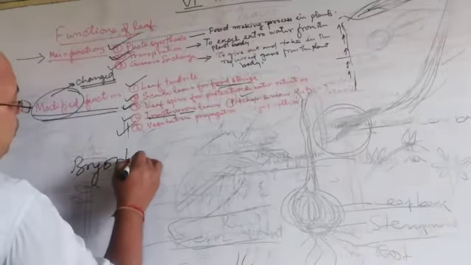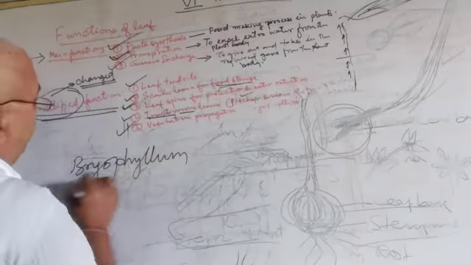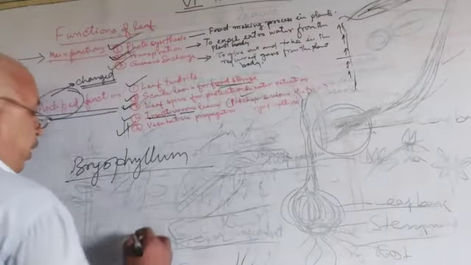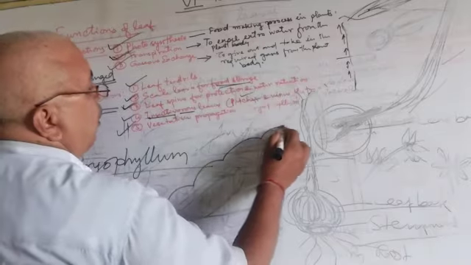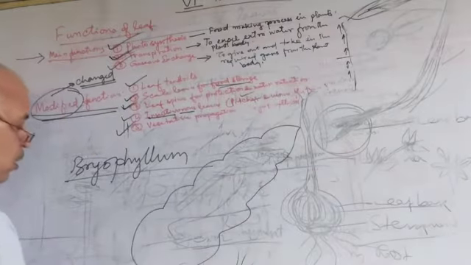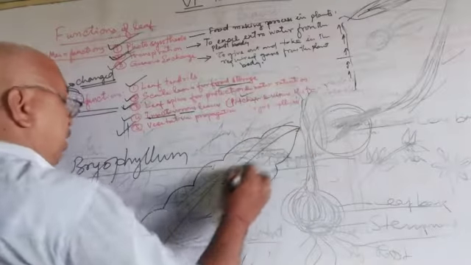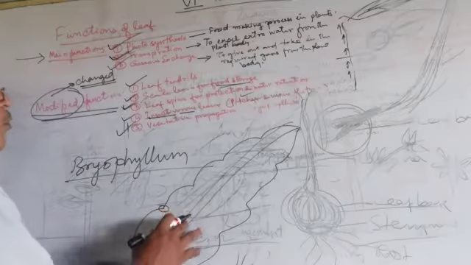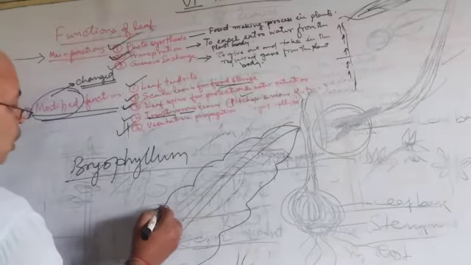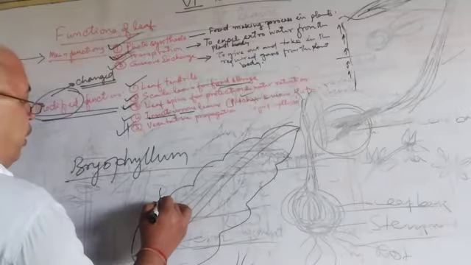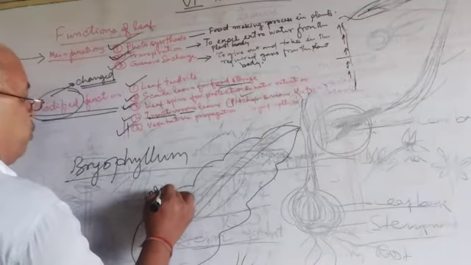Bryophyllum is the very common example where you see this thick leaf of this kind, this leaf lamina is of this kind, and at these notches what happens, if this leaf falls on the ground, from this portion it will develop roots and a new plant will develop from this place.